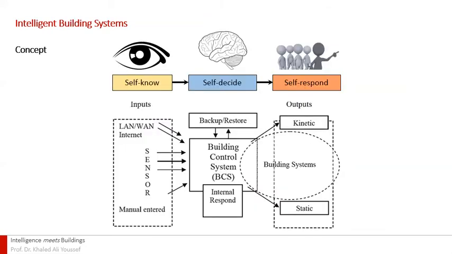In other words, intelligent buildings can self know, self decide, and self respond to changes, similar to intelligent persons, by using different tools. Sensors enable buildings to self know, controlled systems enable buildings to self decide, and kinetic systems enable buildings to self respond.